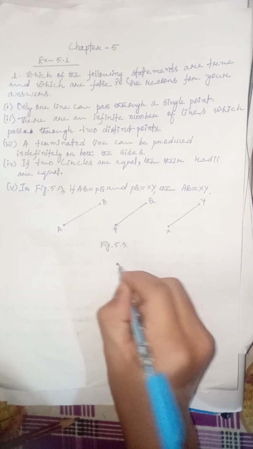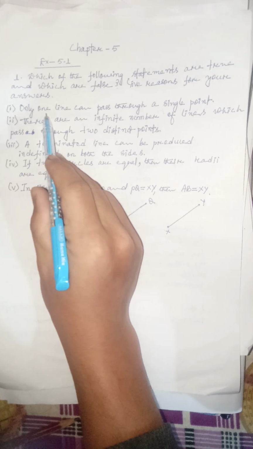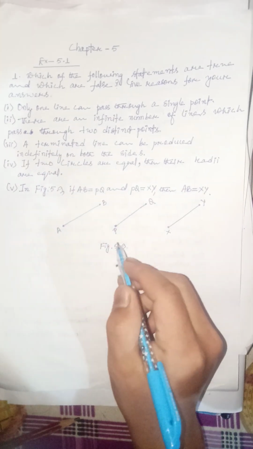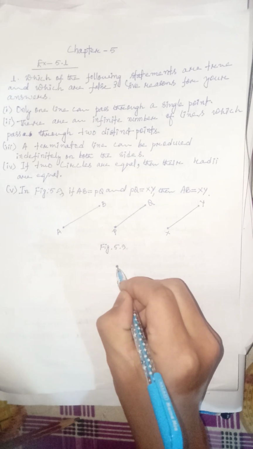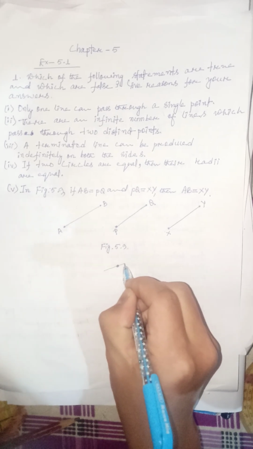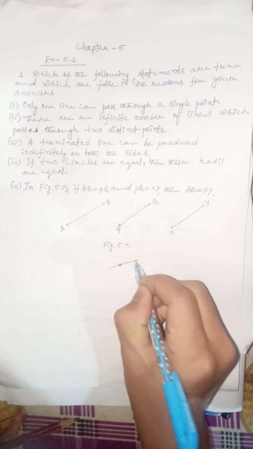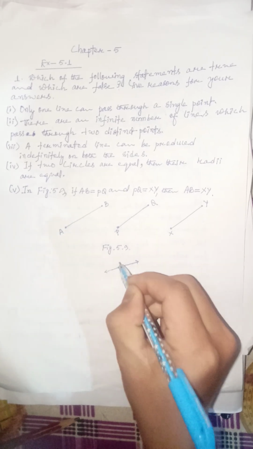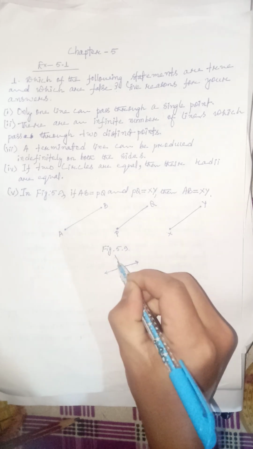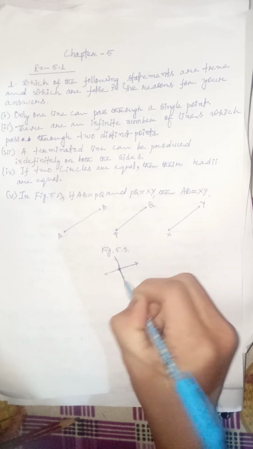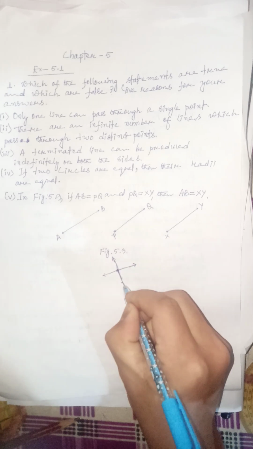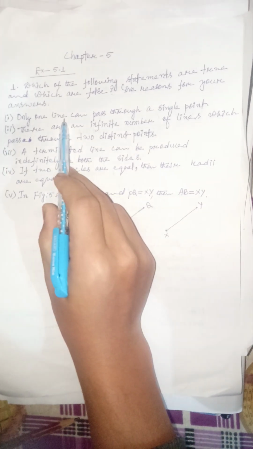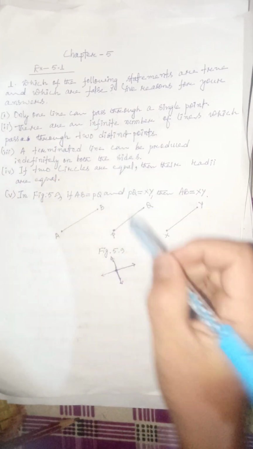This is a point, and the statement is that only one line can pass through this point. But actually this is one line, but we can draw another line from this side as well, which passes through this point. From that we can see that the statement is incorrect or false.